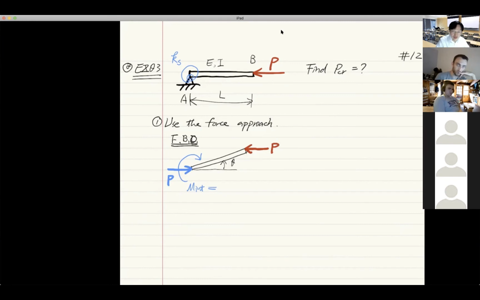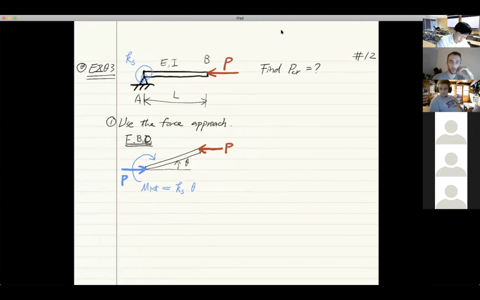Because we said that this rotational spring is characterized by a spring constant Ks, the moment equals the spring constant times the rotation angle, correct? So this moment is nothing but Ks times theta.